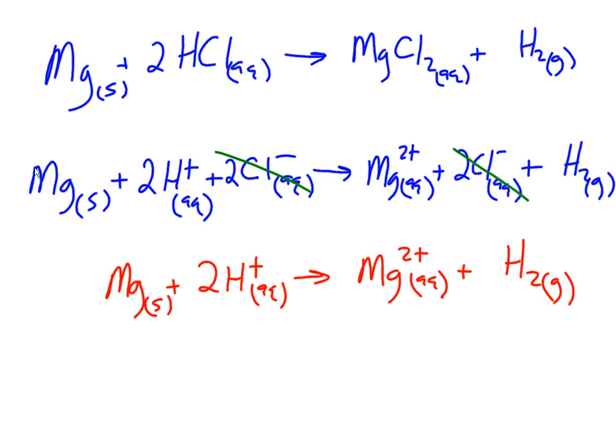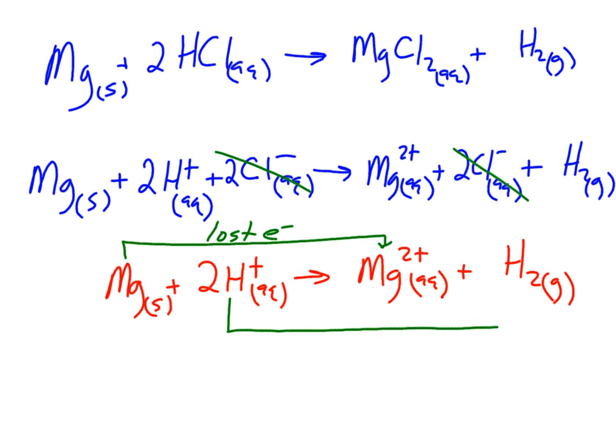Now, what becomes obvious here is that our magnesium, which started out neutral, now has a 2+ charge. So our magnesium must have lost electrons, right? And specifically, it must have lost 2 electrons. If we look at our hydrogen, the 2 hydrogen species had a positive charge, so they're deficient by 1 electron.